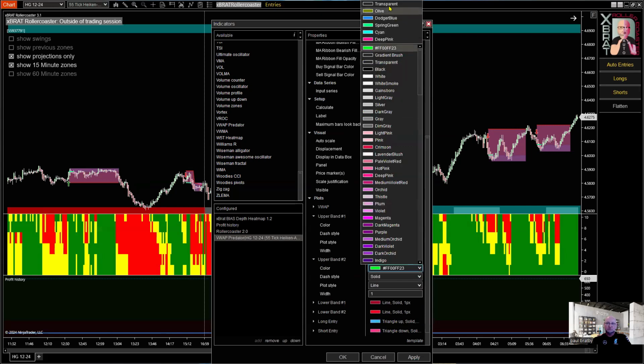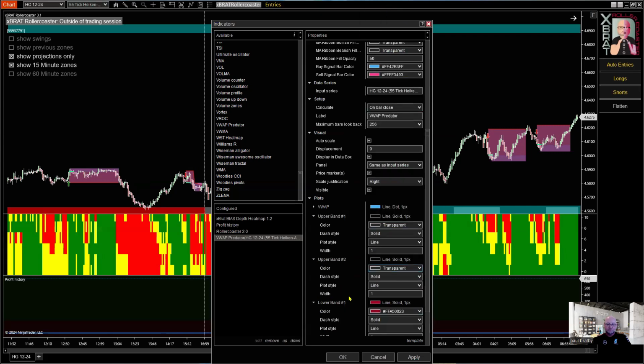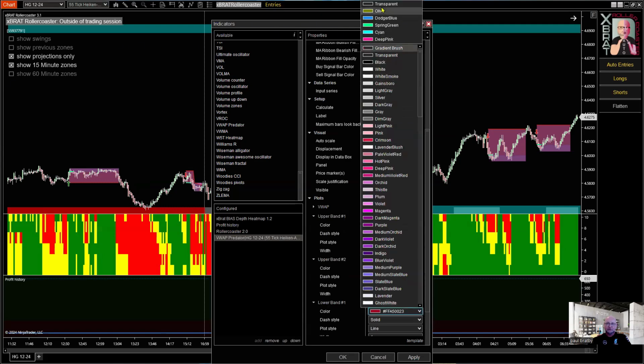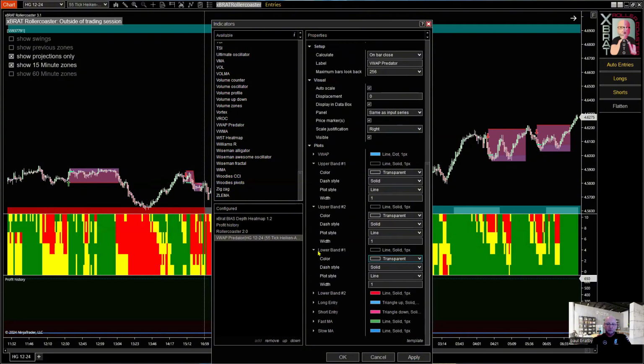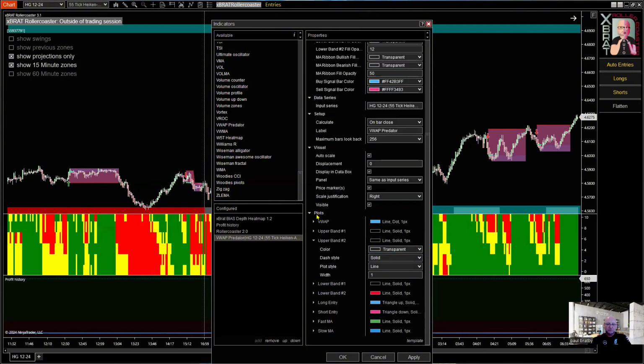Just spend a little time doing this on NinjaTrader just to make sure that you are keeping the chart as clean as possible.